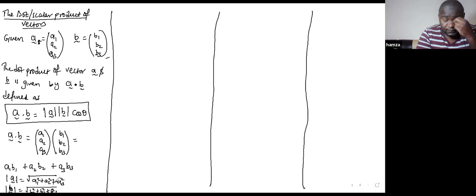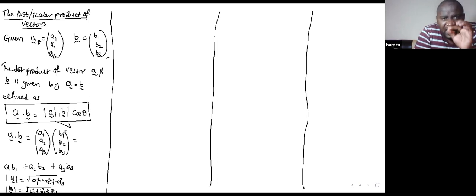Now, someone would ask, why would you only multiply A1 and B1? It is because if you take A1 and B2, this is in the x-axis, this is in the y-axis.